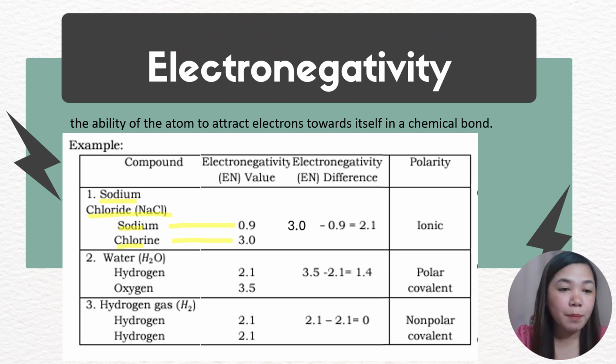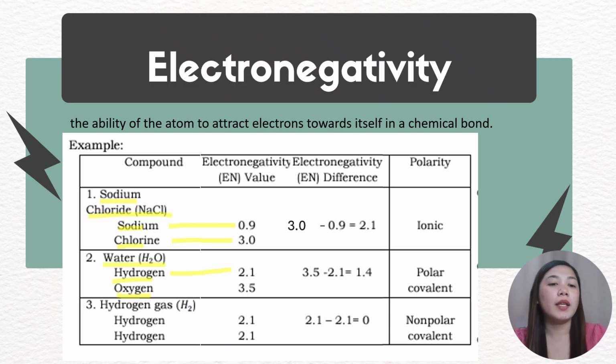Now in our next example, water, H2O, the elements in this compound are hydrogen and oxygen. The EN value of hydrogen is 2.1 and the EN value of oxygen is 3.5. So you start again with the bigger value, 3.5 minus 2.1, so the result is 1.4. Looking at our table again, 1.4 is a polar covalent bond.